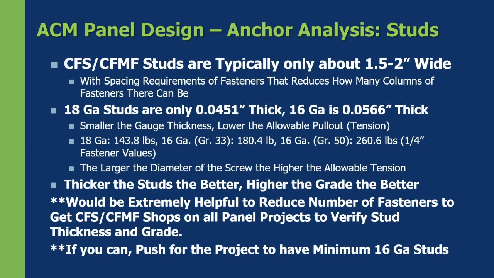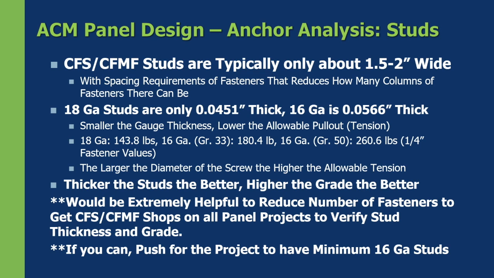But what the real caveat is, is the pullout. So the thinner material, the less pullout value you have. And we need the pullout value to resist our pry-out tension. So as you can see, for an 18 gauge stud, it's about 144 pounds. 16 gauge studs can come in either 33 or 50 grade.